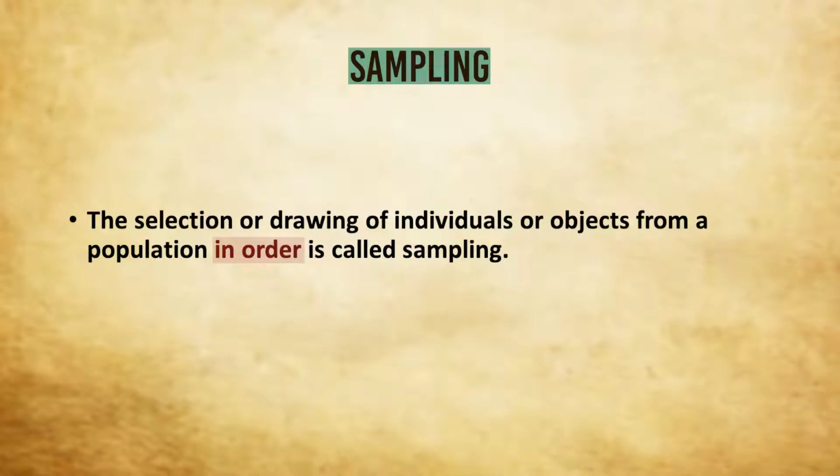This phrase "in order" is very important because from the population we do not select some individuals together. We select the individuals one after another or one by one. So there will always be the first member selected, there will always be the second member selected and so on. So that means the selection has to be done in order.